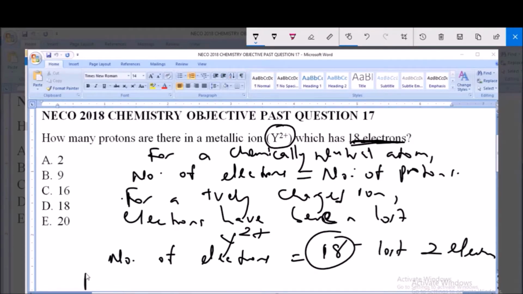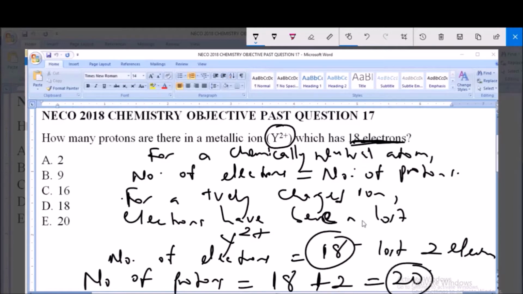So the number of protons will be equal to 18 plus 2, which is 20. So before it became an ion by losing 2 electrons, it originally had 20 electrons, and we're asked for the number of protons. When it was chemically neutral, its number of protons was equal to its number of electrons, so its number of protons was equal to 20. So option E, which is 20, is the correct answer to this question.